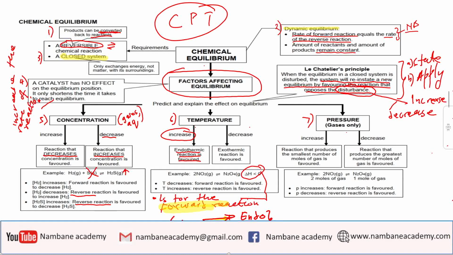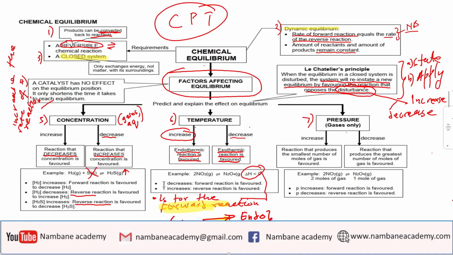If you have identified it as endo for the forward, then the reverse must be exothermic. So be on the lookout for that. So what is important here is only to identify which reaction is exothermic or endothermic. Immediately once you do that, everything becomes easy, because now we just check whether there was an increase in temperature or a decrease in temperature.